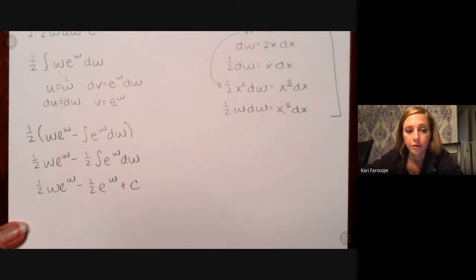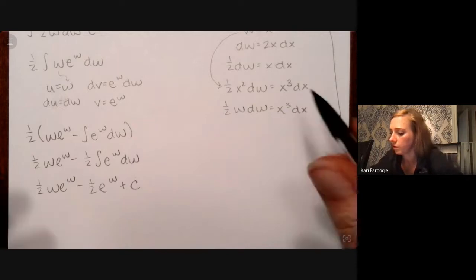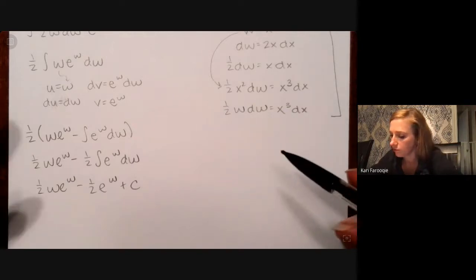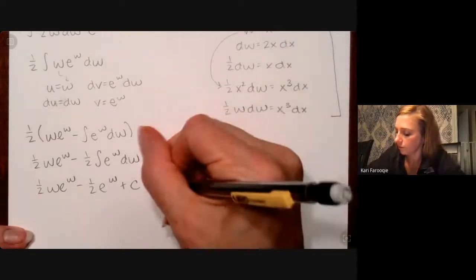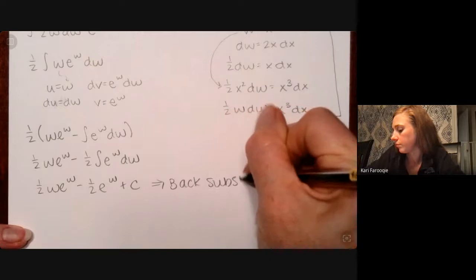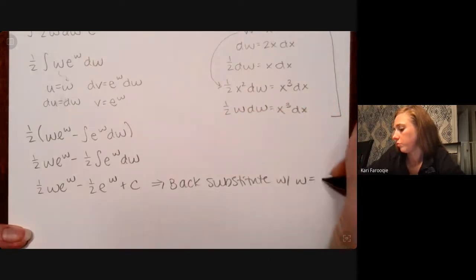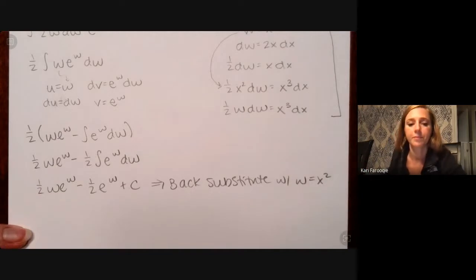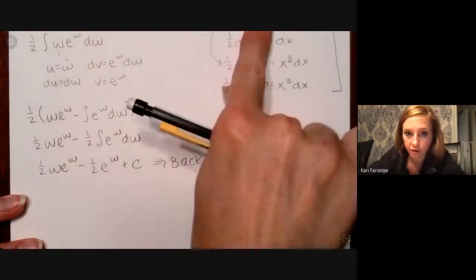And now you're going to back substitute for your w. So we said that w way back when was x squared. So we're going to back substitute with w equals x squared, from right here.